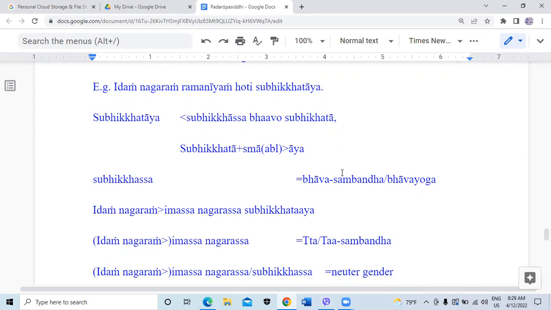In fact, they must have the same gender and number, especially with Taddhitakaṇḍa words, Bhāvataddhita words, and Kita words. Kita words must always have the same gender and number.